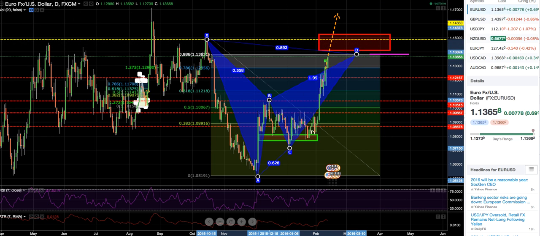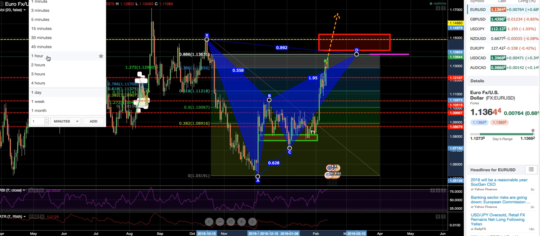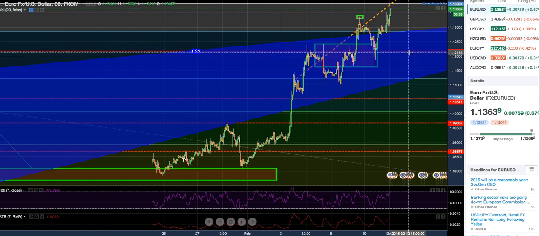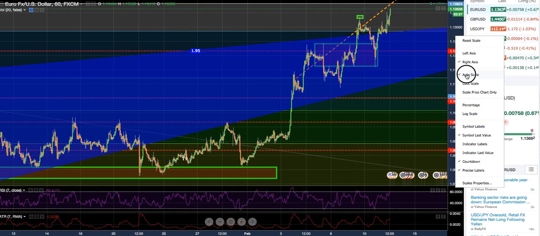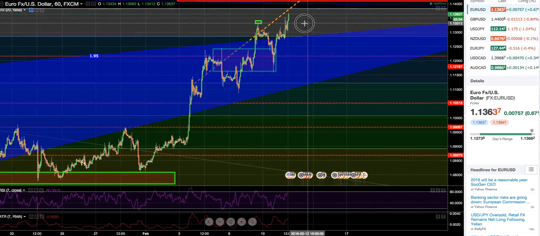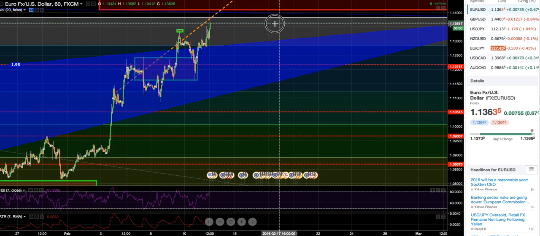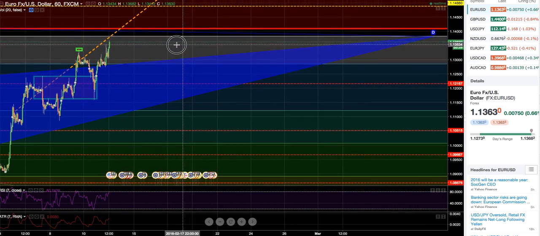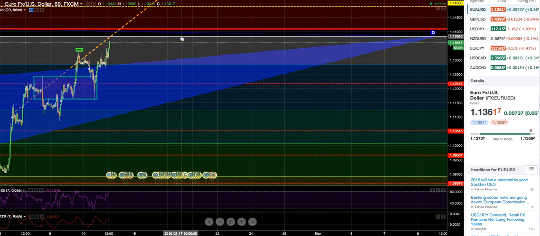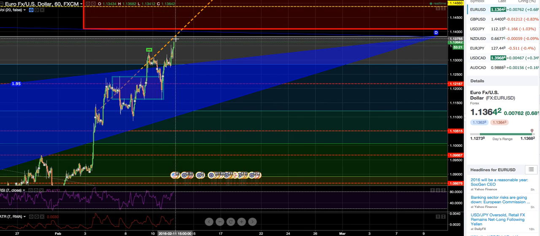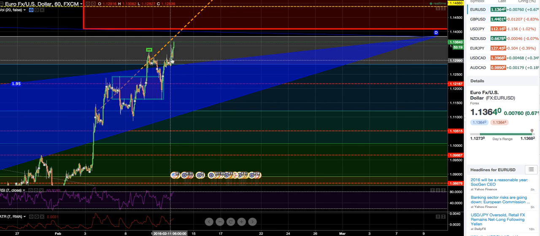And it seems like we're getting pretty close to that area, right? The market is rallying as of right now. So as you can see, we're close to the 886, so the completion of the bat pattern. So let's keep that in mind, right?